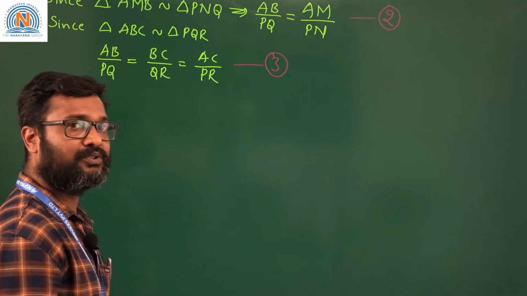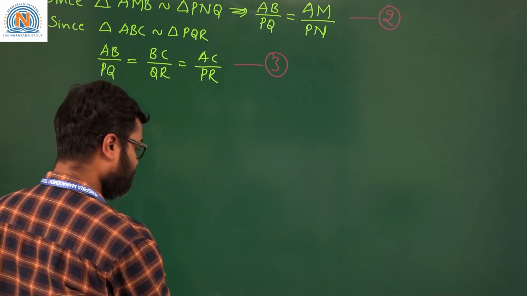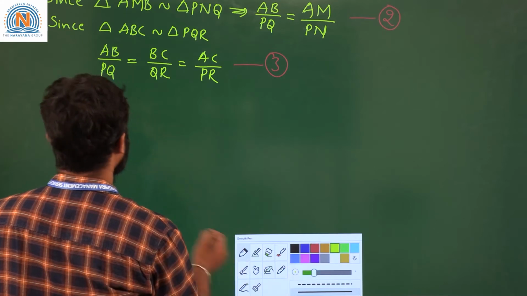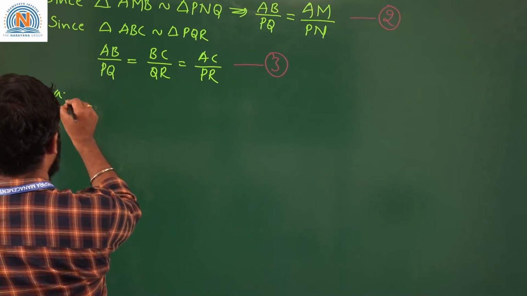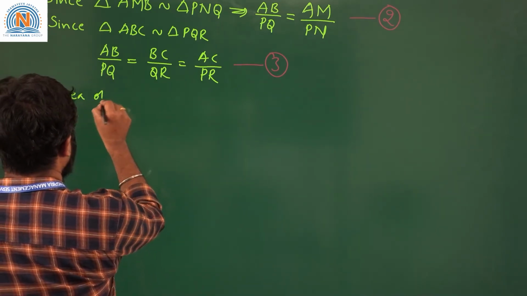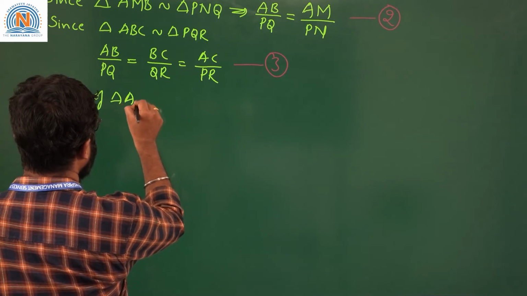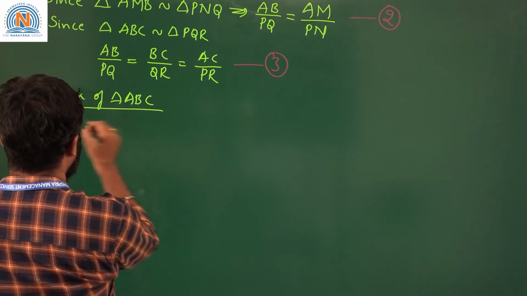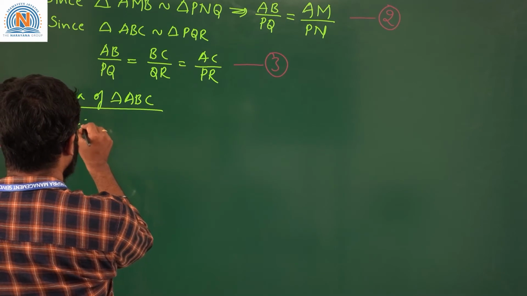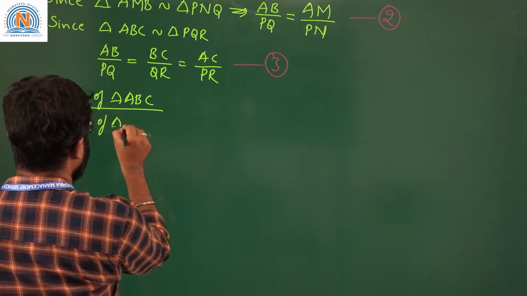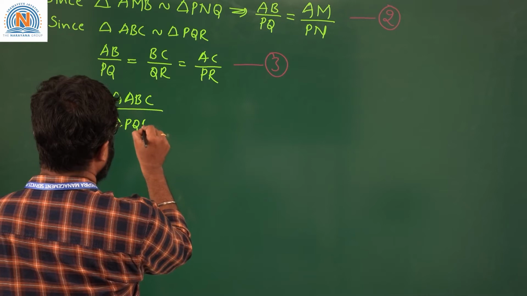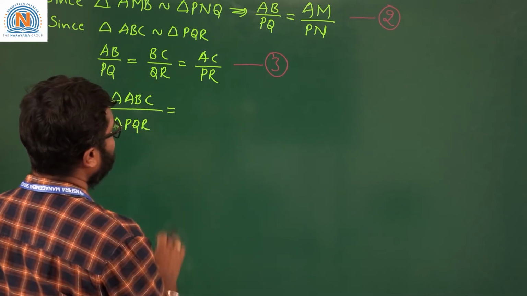So from these relations we can write area of triangle ABC by area of triangle PQR, this is the first relation we took, is equal to what, children?